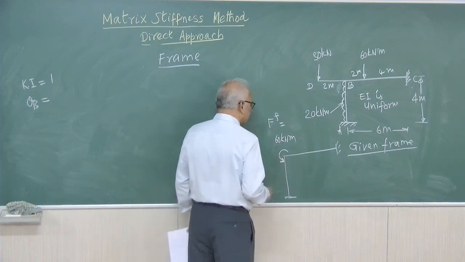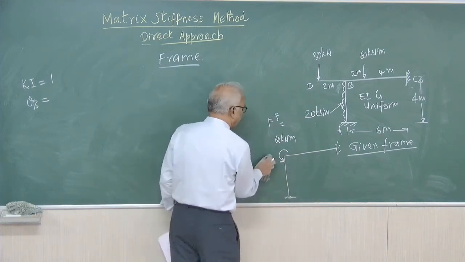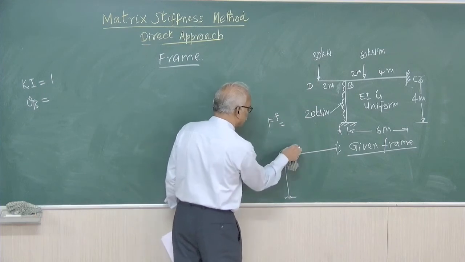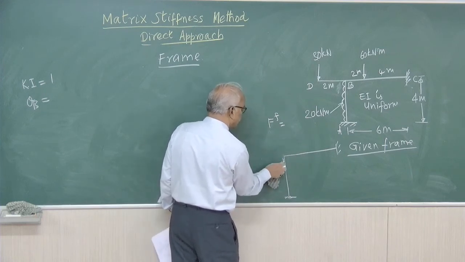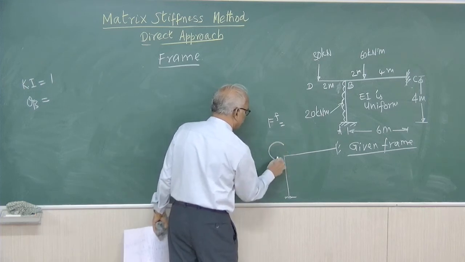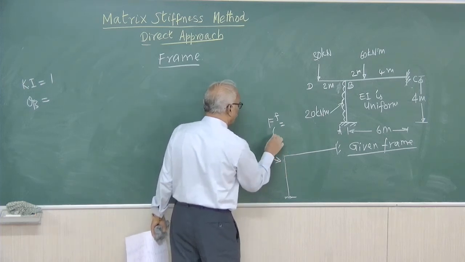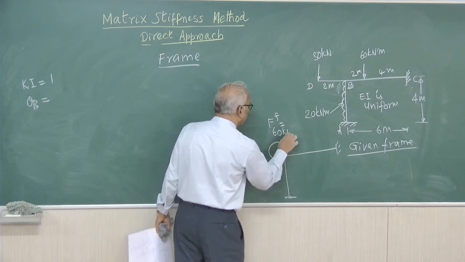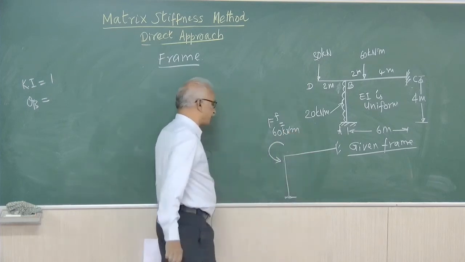So, that will be considered as an anti-clockwise moment. So, for clarity, this is our F of f. This is due to the loading on the overhanging part.